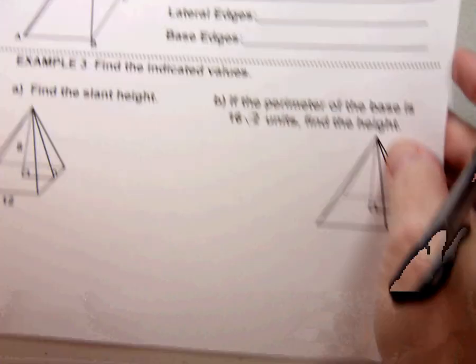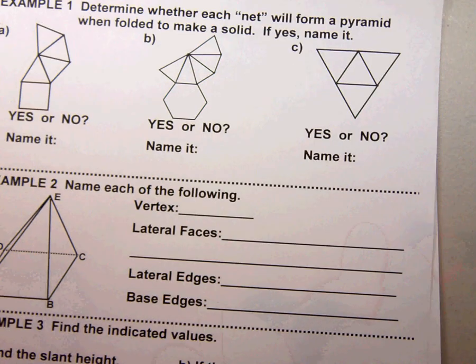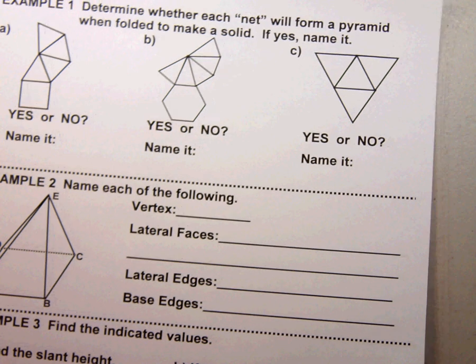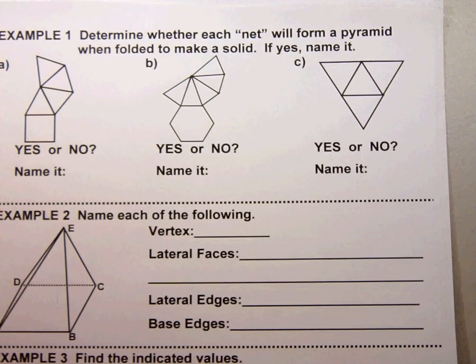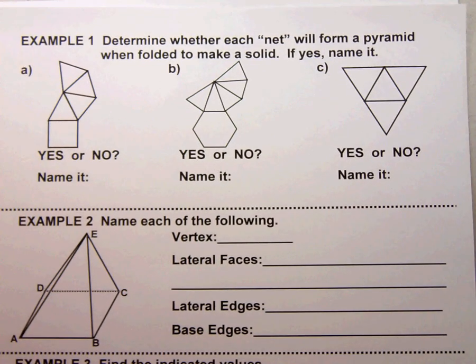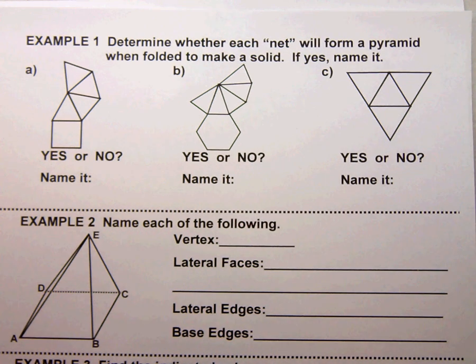Example 1. Determine whether each net will form a pyramid when folded to make a solid. Now this one you're going to have to look at and think of it folded up into a three-dimensional shape. I do have some of these behind my desk, and I can show you. We can fold them together if you're having trouble seeing these folded up.